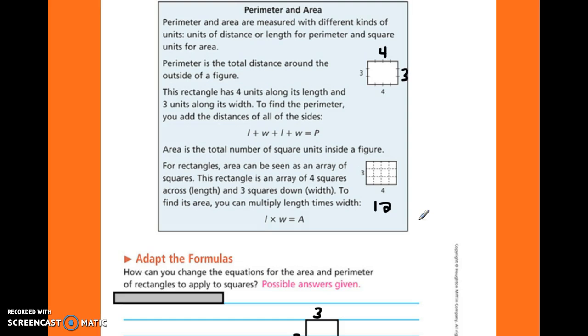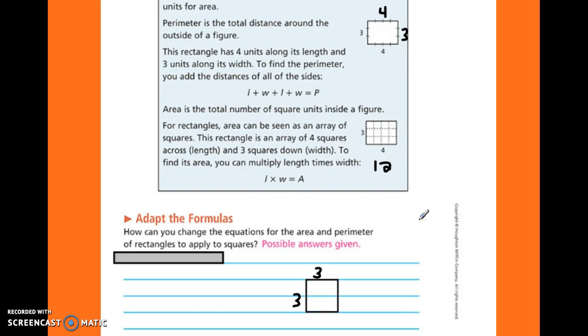All right, now adapt the formula. How can you change the equations for the area and perimeter of rectangles to apply to squares? Well, for perimeter, we could say 4 times the side, and that makes sense because in a square, every side is exactly the same. So in this case, they're all 3.